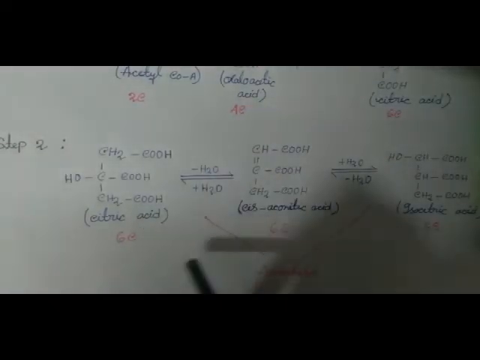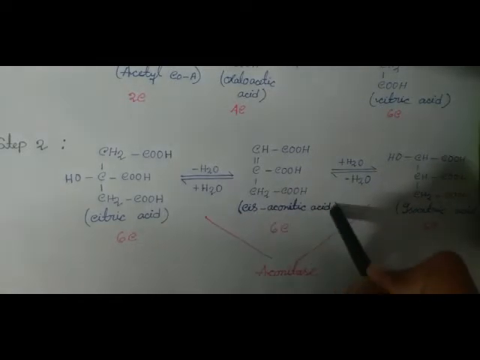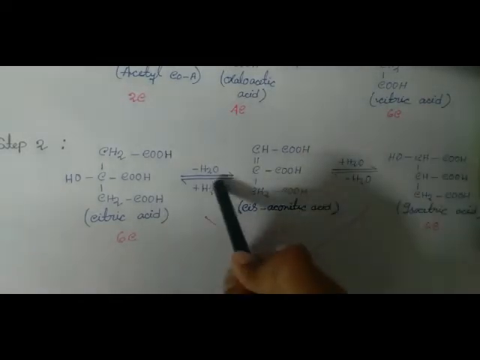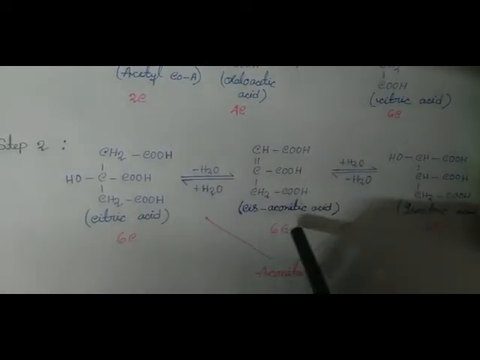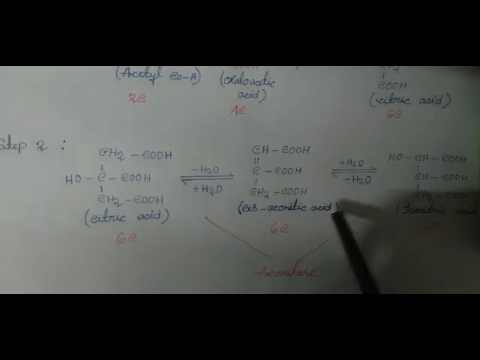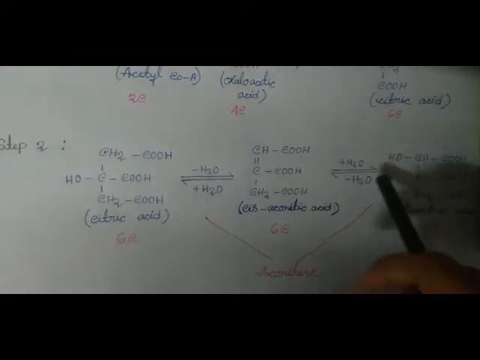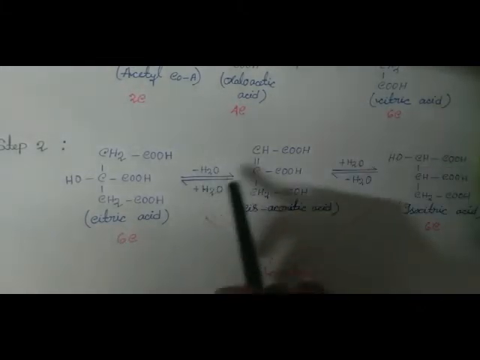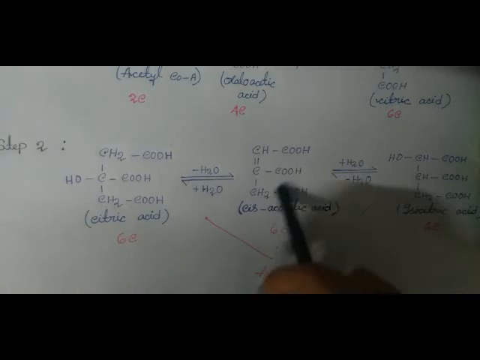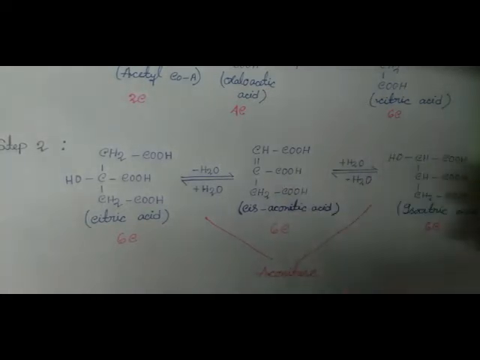In step 2, citric acid is transformed into cis-aconitic acid by removing a water molecule, and cis-aconitic acid is transformed into isocitric acid by adding a water molecule. And this process is catalyzed by a single enzyme, just a single enzyme, which is called aconitase.